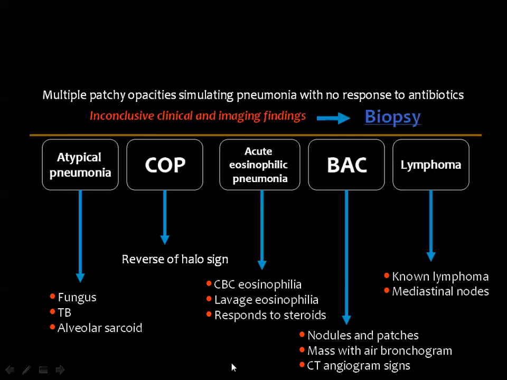Then, if you do not have conclusive clinical and laboratory findings and the imaging findings are not helpful, the only way to reach the diagnosis in this category is biopsy.